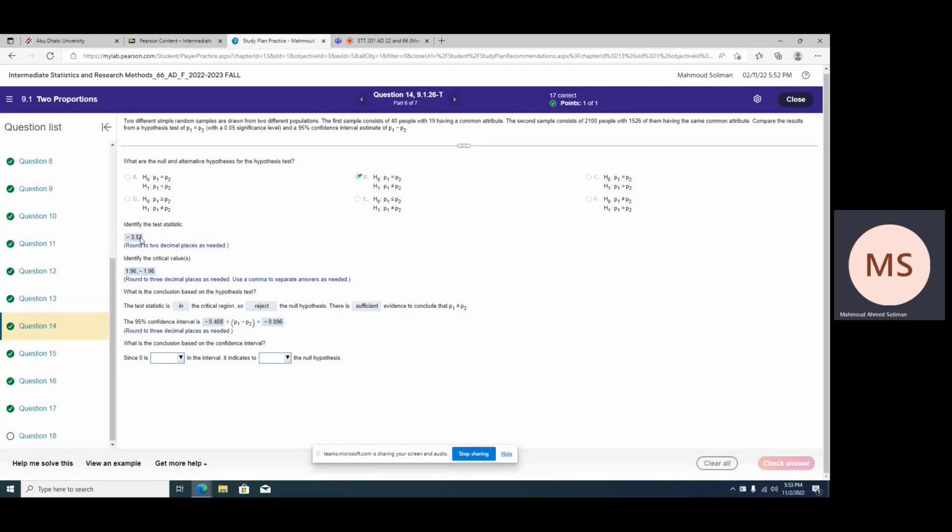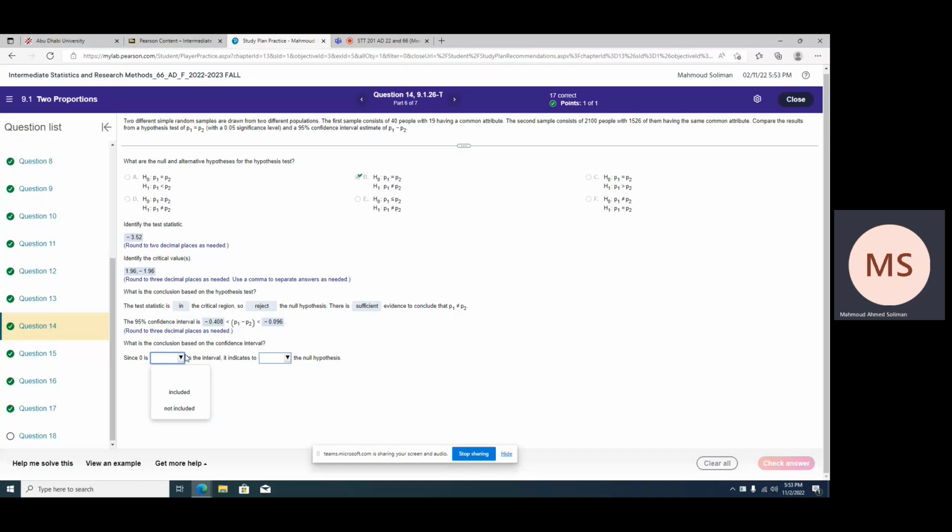If the number here is bigger than this one, it means it's in the critical region. You don't have to look at the sign. So ignore the sign, look at the number. If it's bigger, yeah. So if this was positive, it's still bigger than 1.96. So it's in. And with the negative, the number is still bigger, so it's in.